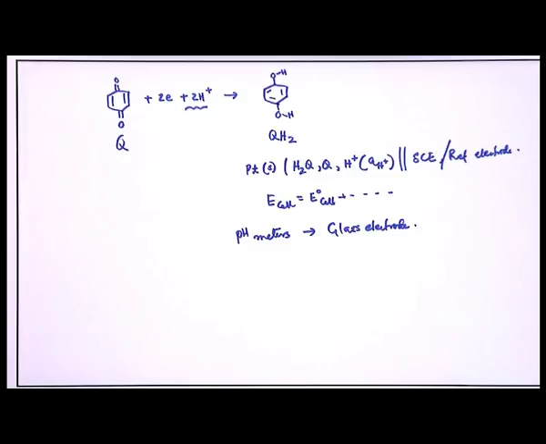Now, next we will have some example. I mean, at least one more example of this application of conductometric titration, because we have not given enough examples of this particular thing.